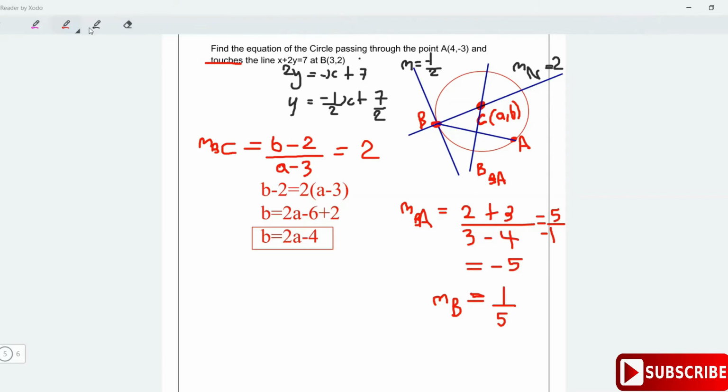So we need to find the midpoint of AB. So let's write the midpoint of AB.